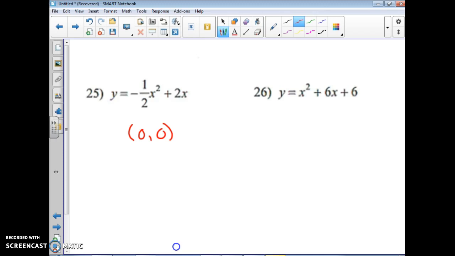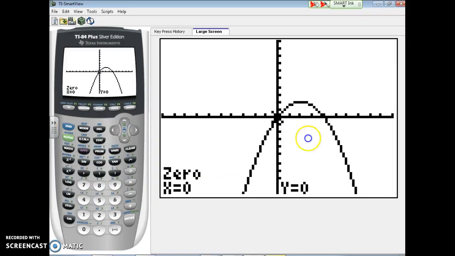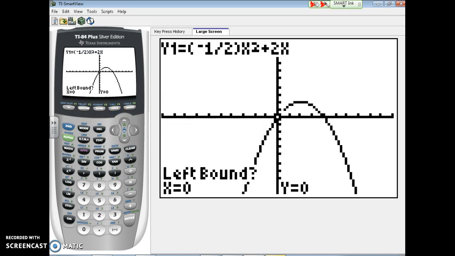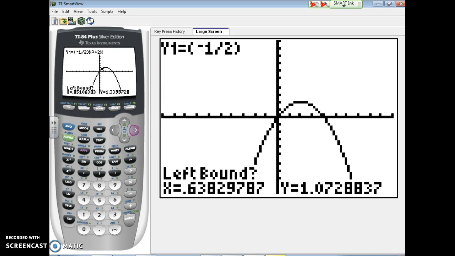Now I got to do this again for another one. I want to find out what this 0 is right there. So I'm going to do exactly the same thing. I'm going to press second and trace. I'm going to go to 2 for 0. And I'm going to follow the curve until I'm right above the x-intercept, which I'm going to just say right there.